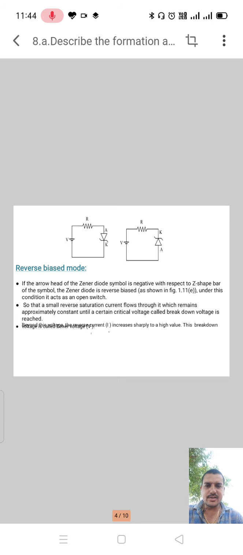Under this condition, it acts as an open switch, so a small reverse saturation current flows through it, which remains approximately constant until a certain critical voltage called breakdown voltage is reached.